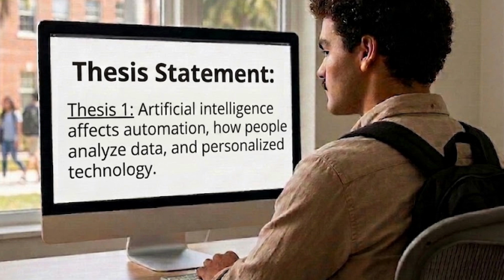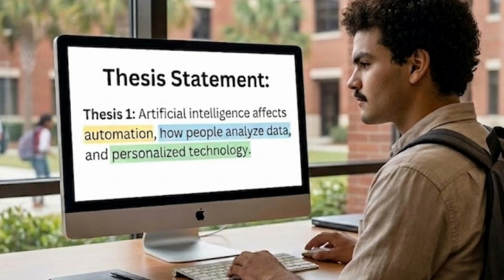Notice the problem here. There are three ideas, but they are not parallel. We have automation, how people analyze data, personalized technology. The structure changes, but strong thesis statements maintain consistency.